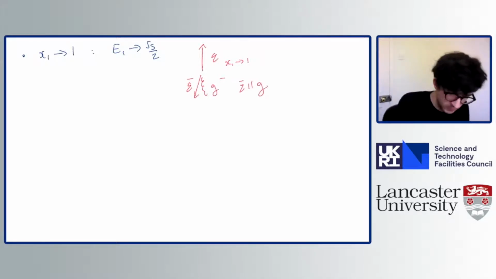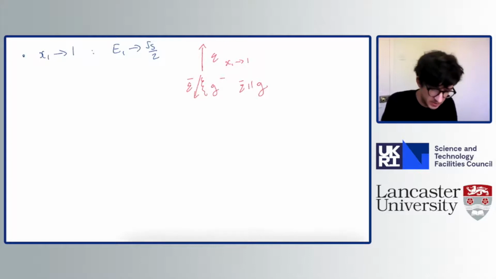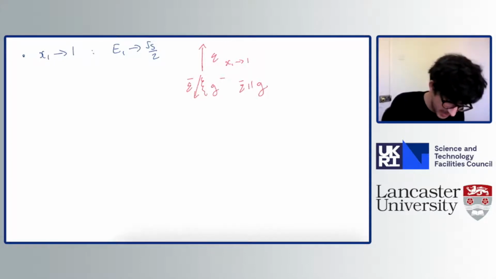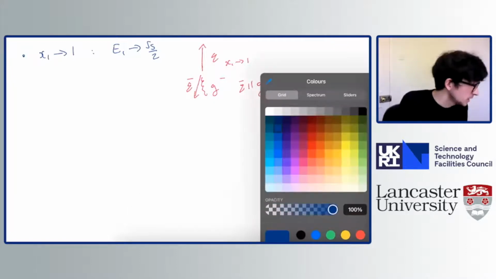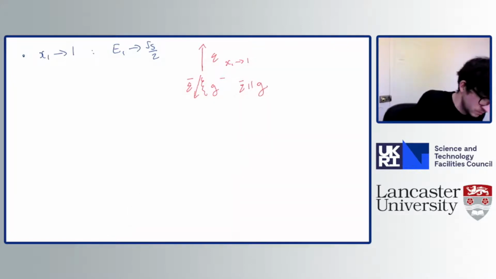I've not drawn them exactly going in the same direction, just to show what's there, but that's kind of implied, if you like. So now the antiquark and the gluon must be collinear.